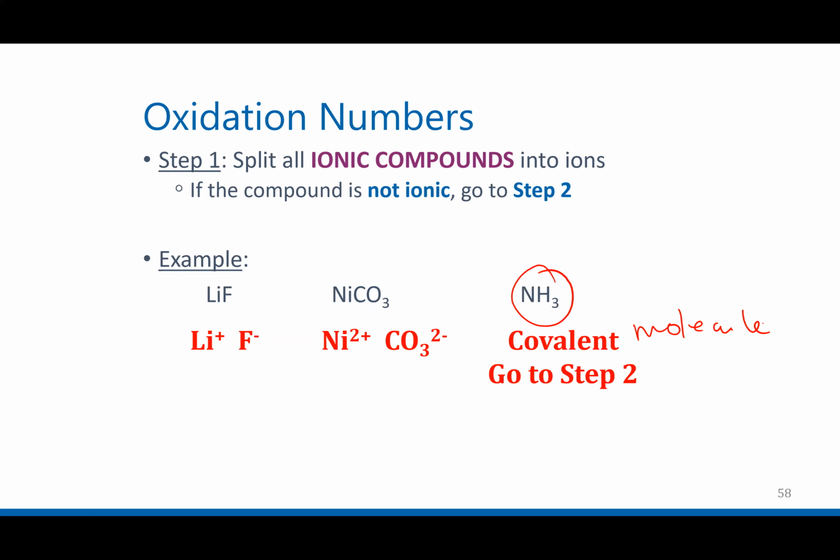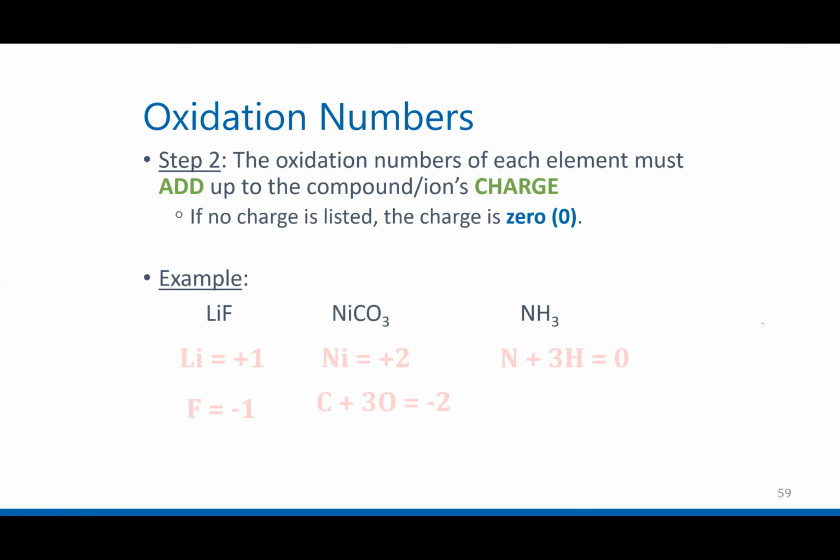So I'll move into step 2. Step 2 says that the charge of the compound must equal the sum of the oxidation numbers, the charges of the elements in that compound. So what do I mean? Well, I know lithium, I know fluorine, I know nickel, but carbonate and NH3, I do not know.